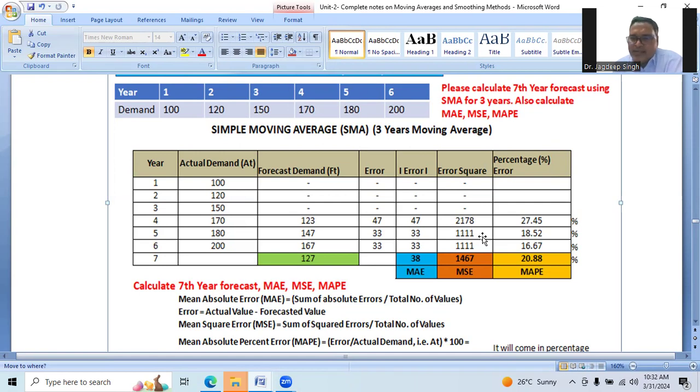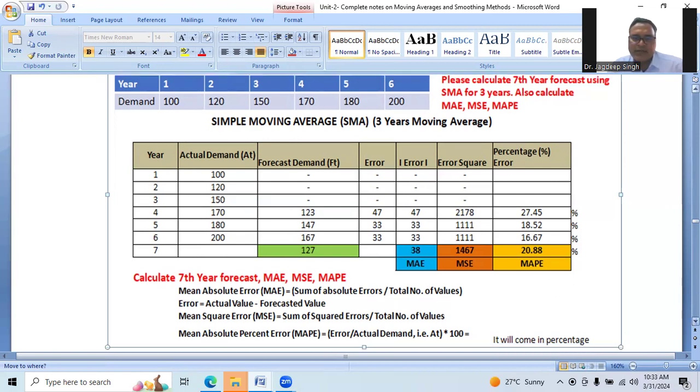These values are 27.45 plus 18.52 plus 16.67, which comes out to be 62.64. We divide 62.64 by 3, which gives us 20.88, right? That is the mean absolute percentage error. So this is how we can calculate various errors in forecasts.